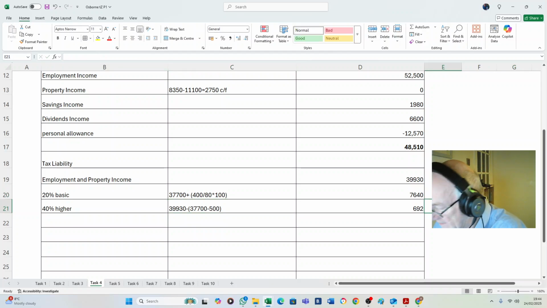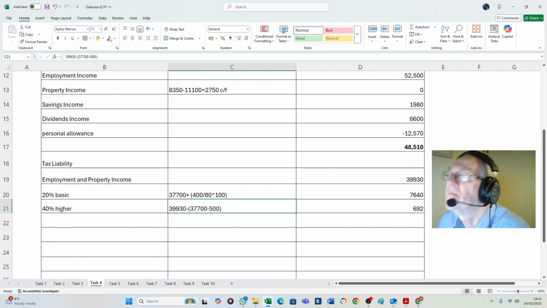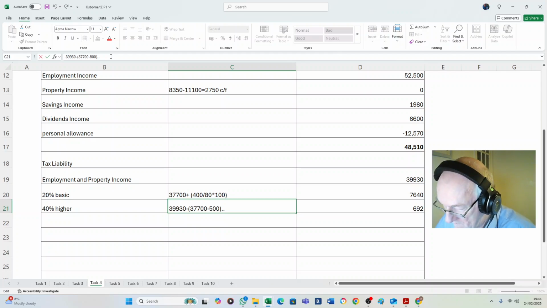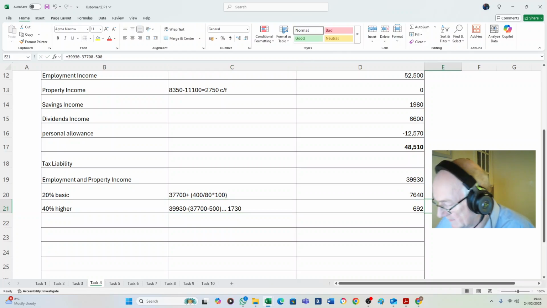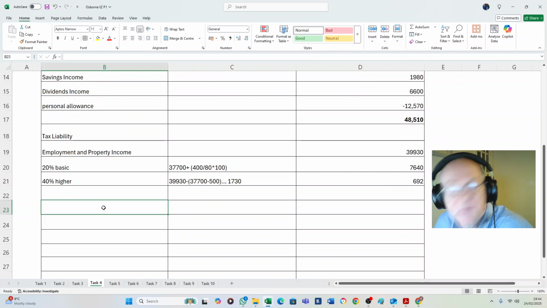Hang on, it's actually 7. Again, just to make the life of the examiner marker easier. So now, if you've got enough rows, leave a blank row, who knows.